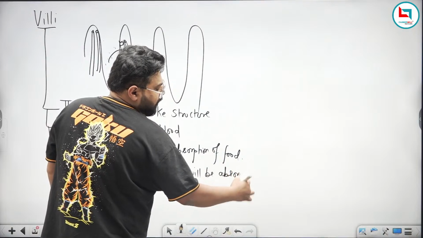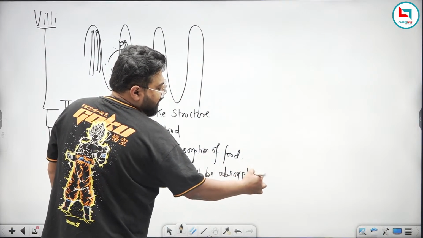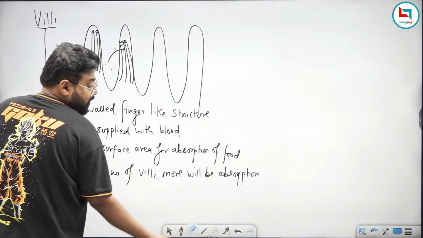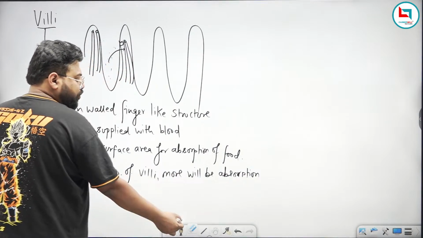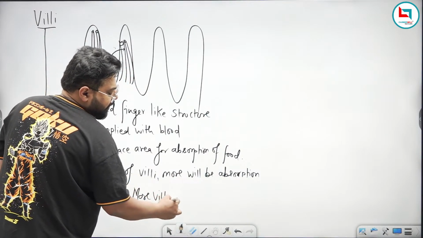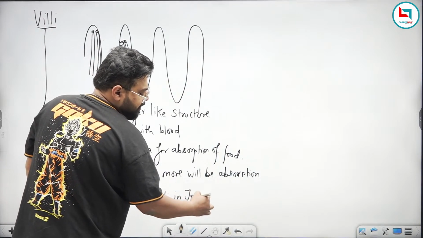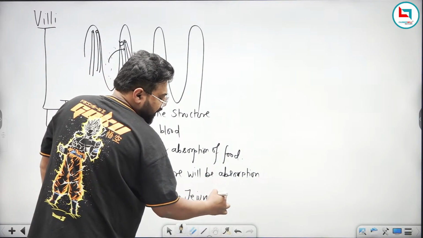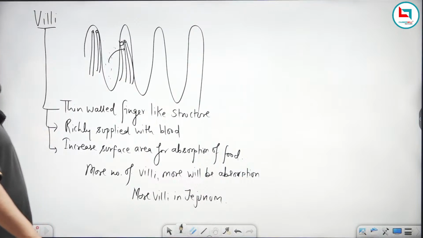Now, next thing is the number of villi is more in jejunum in comparison to ileum. So more villi in jejunum is the reason for maximum absorption of food from jejunum.